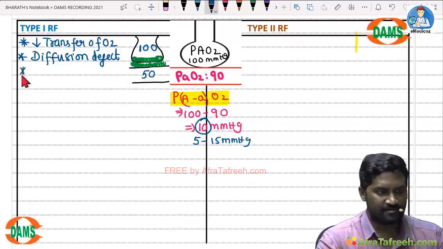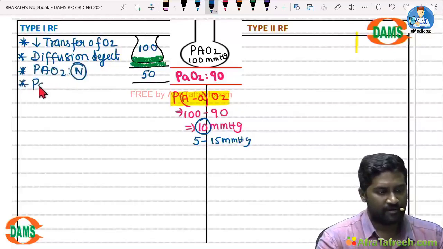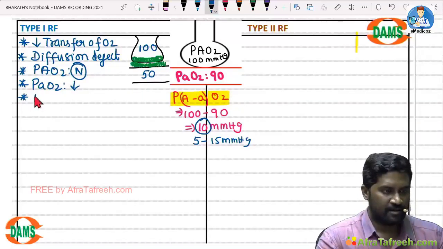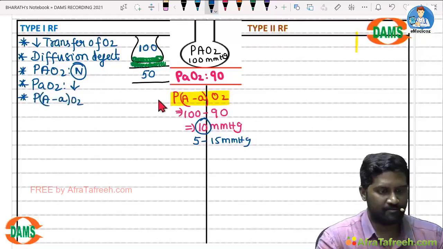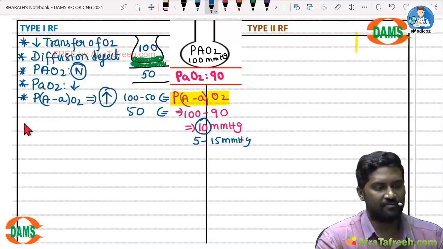In this condition, PAO2 is normal, whereas PaO2 is significantly reduced. Now if you calculate the gradient, PAO2 minus PaO2, 100 minus 50, it will be about 50. So the gradient is significantly elevated.